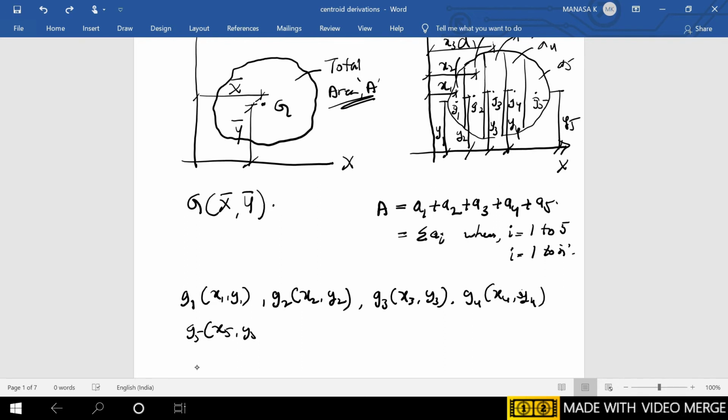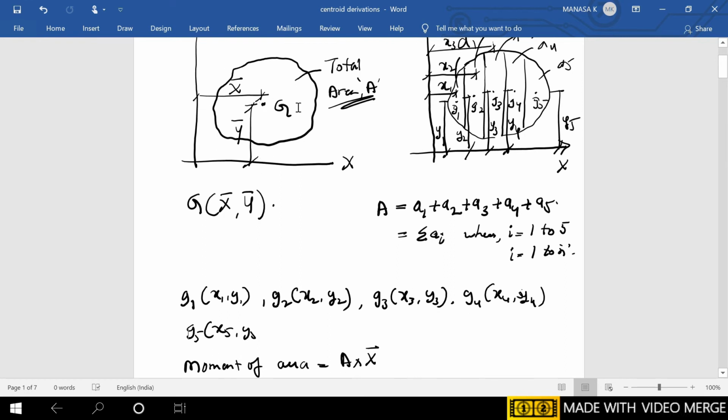So for this entire figure, it is the total area into x bar, correct? The perpendicular distance of that area till the axis of reference.